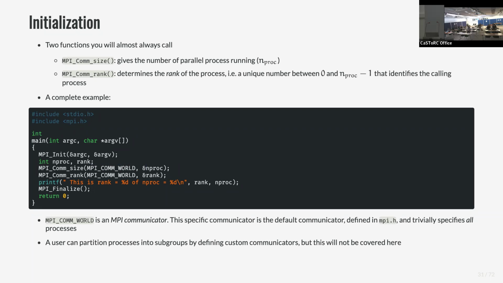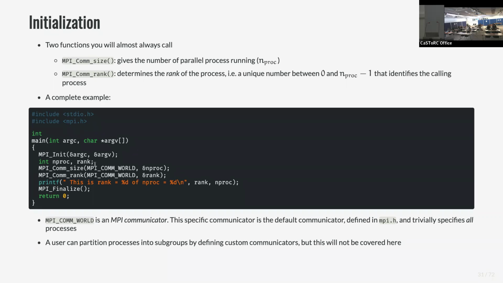Communicators in MPI are just groups of processes. So you might want to run your program on some number of processes, I don't know, n, but then split the group up into subgroups, right? And the way you would do that is to use communicators. We won't be looking into this at all in this introduction, so you don't need to worry too much about what a communicator is, but I need to talk about it because it's an argument to this function.